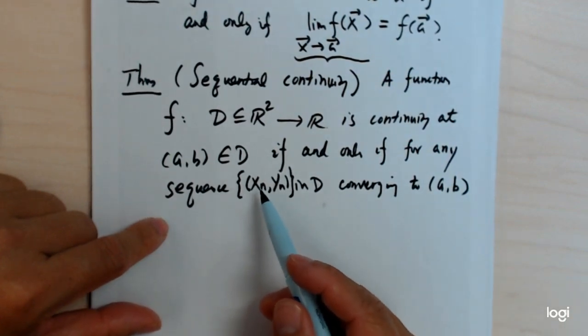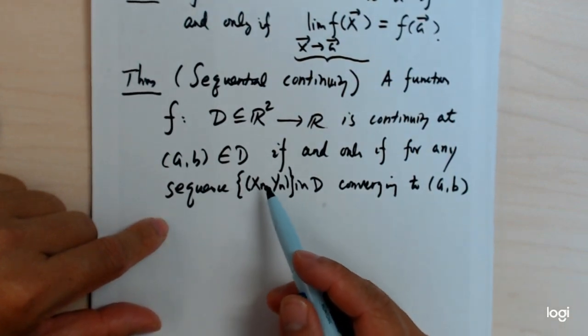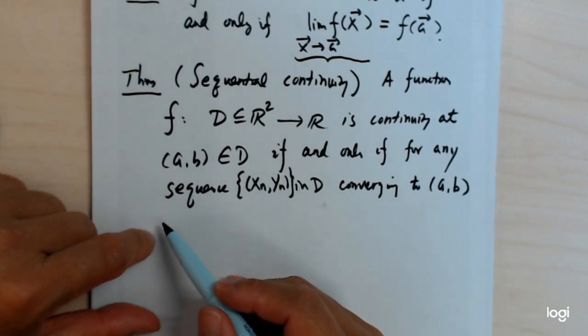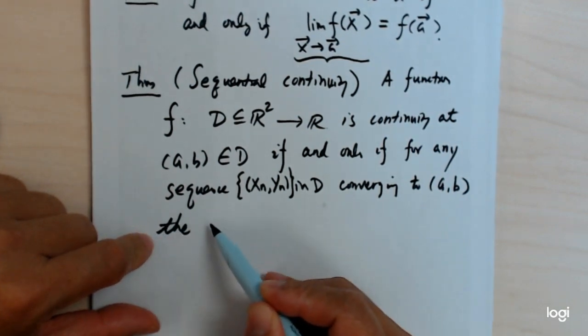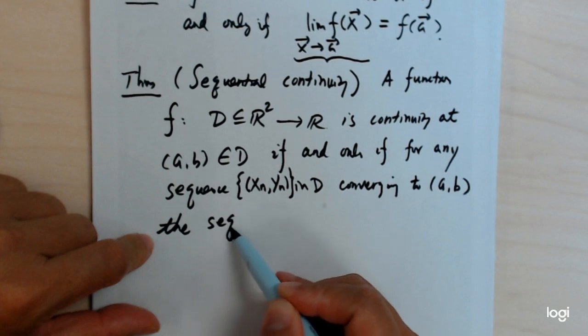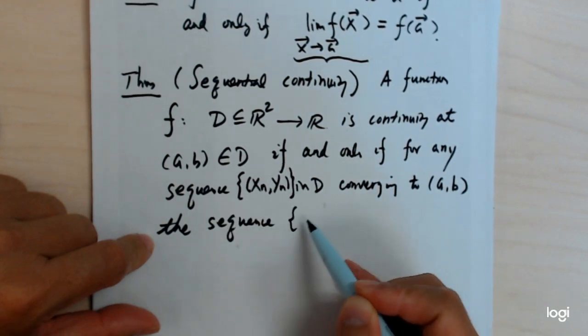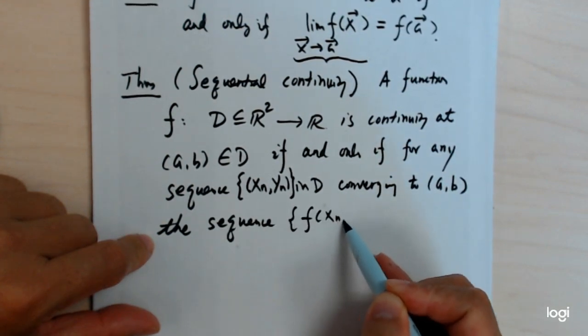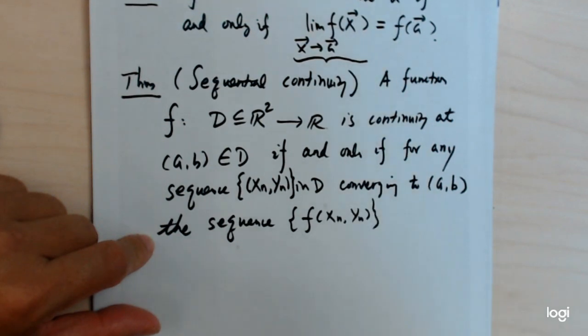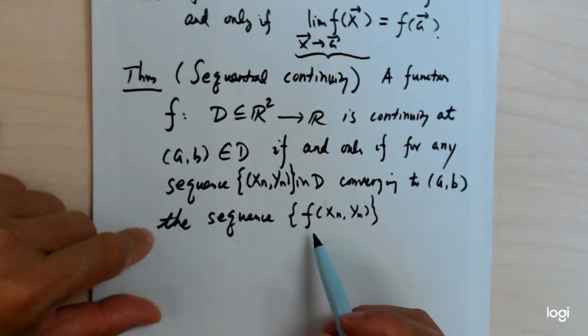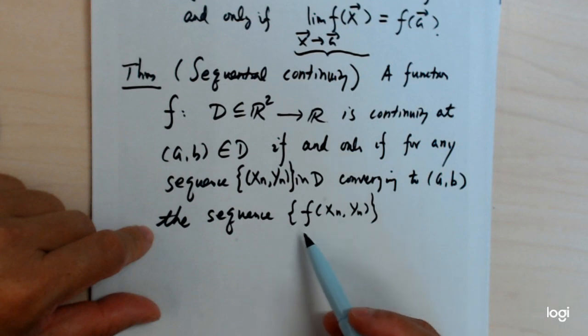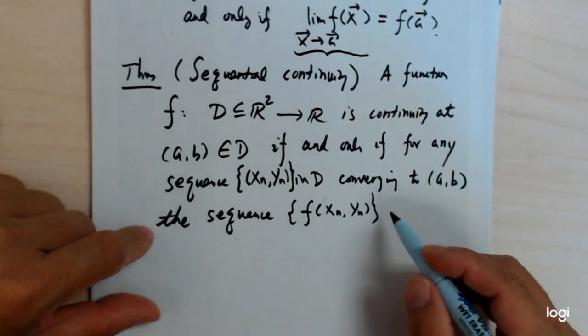And you can plug this sequence into f. You get a real number sequence. You plug in xn, yn into f, you get a real number, so this is a sequence of real numbers.